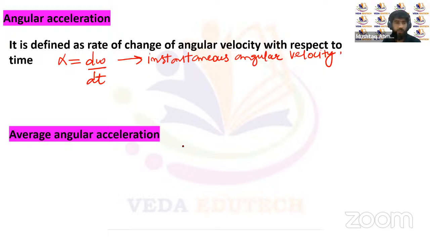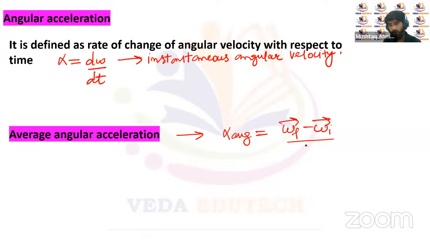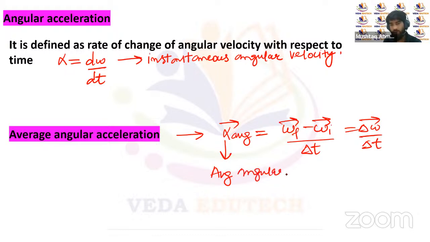Now talking about the average angular acceleration, alpha average, that's the change in angular velocity vector upon the total time. So it will be delta omega vector upon delta t.